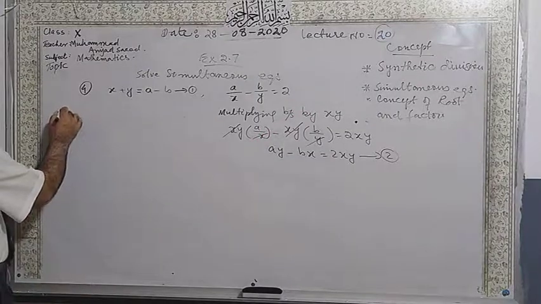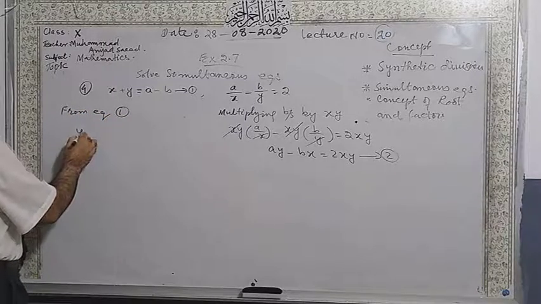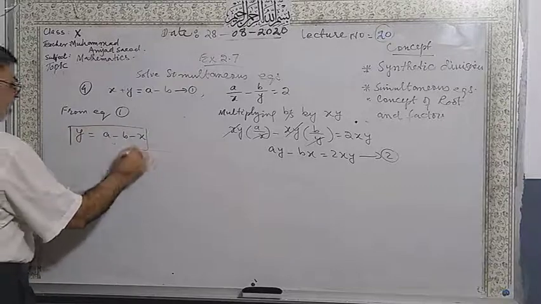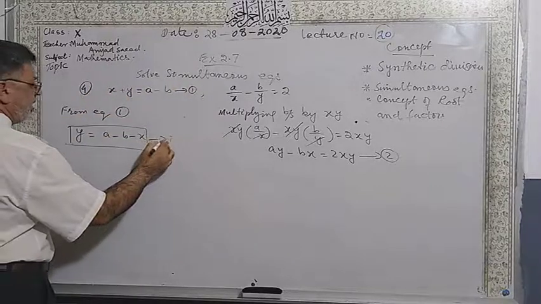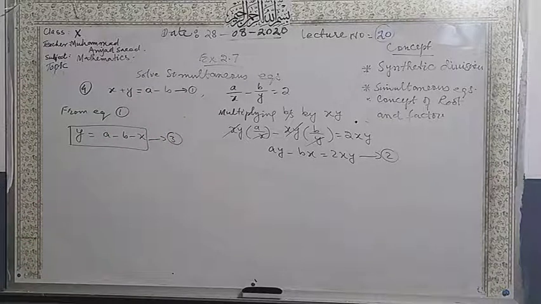From equation 1, we will find y in terms of x. Bring this x to the right hand side and name it as equation number 3, just like your previous question.